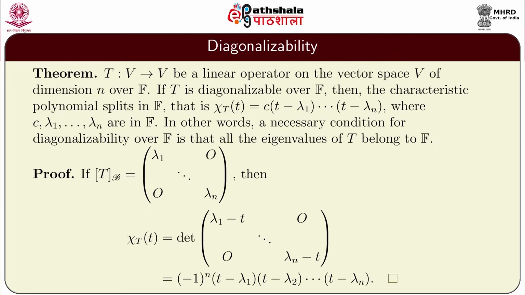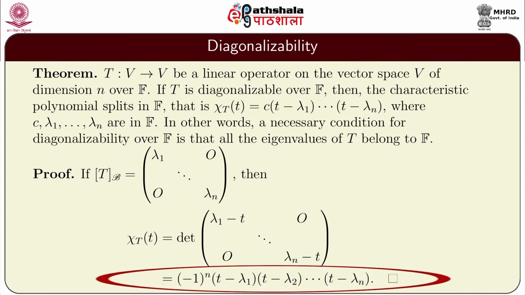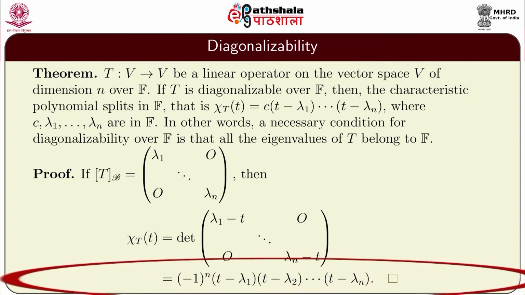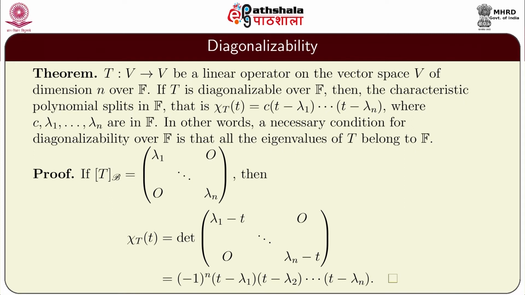And therefore, the characteristic polynomial of T would be the determinant of the diagonal matrix lambda 1 minus t etcetera up to lambda n minus t, which is the product of these linear polynomials in t, that is lambda 1 minus t into lambda 2 minus t and so on up to lambda n minus t, which is minus 1 raised to n, t minus lambda 1 into t minus lambda 2 etcetera up to t minus lambda n.